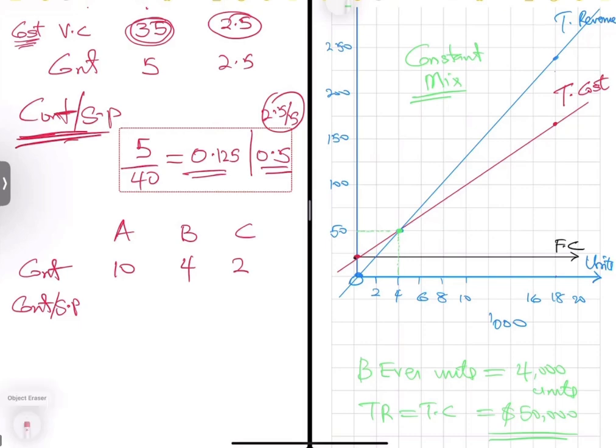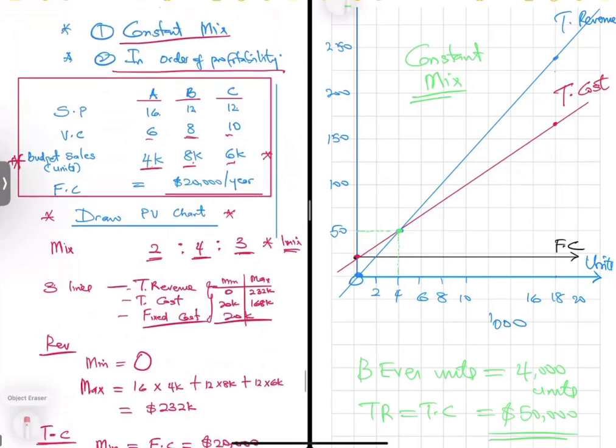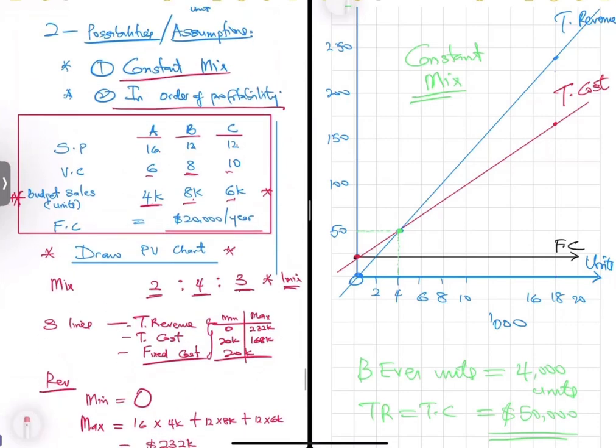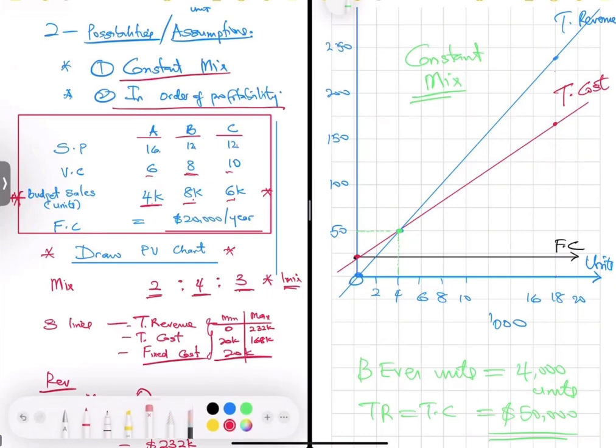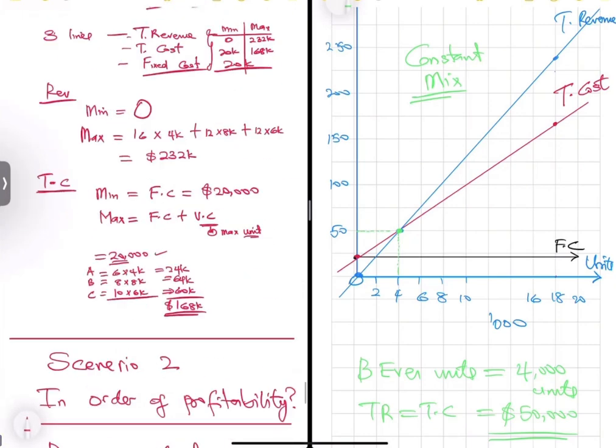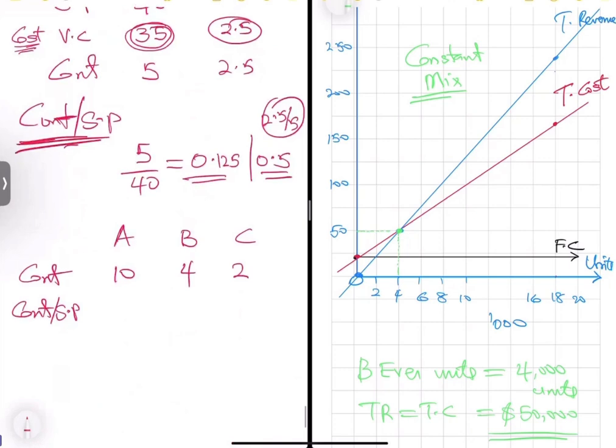Can you scroll back up a bit, please? The prices are 16, 12, 12. So 10 divided by 16, 4 divided by 12, 2 divided by 12.